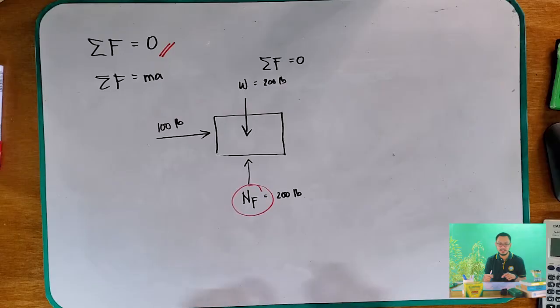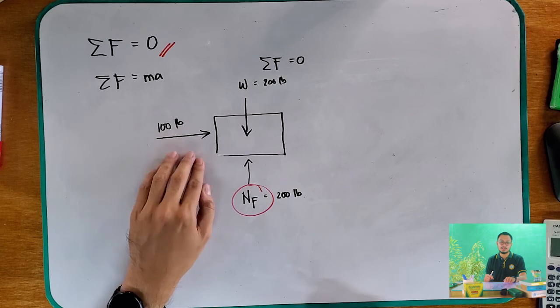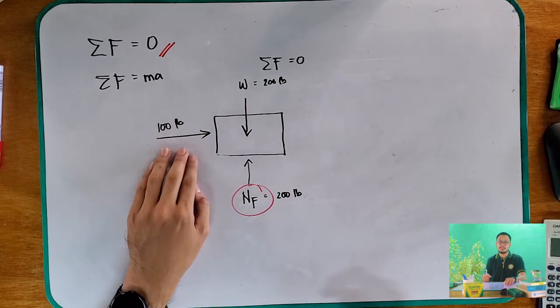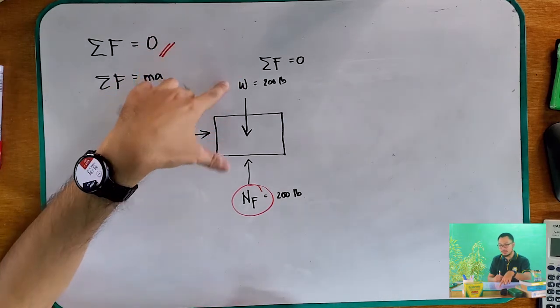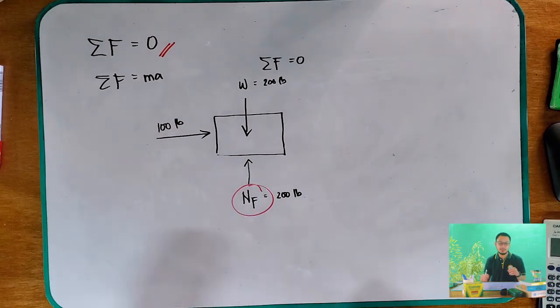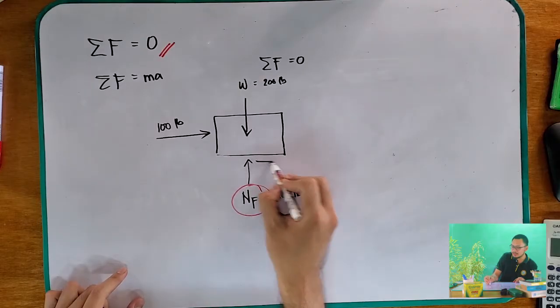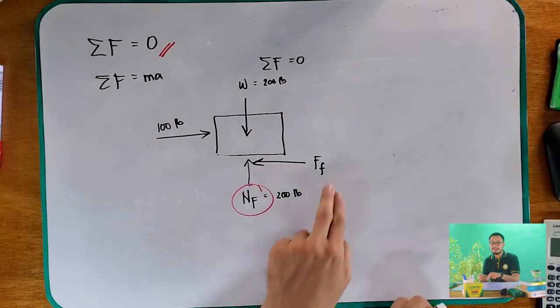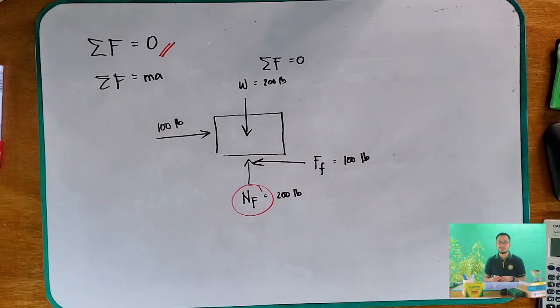But how about our 100 pounds here? Nothing exerts a force equal to this 100 pounds. Our W and normal force interact in the Y direction, but for our 100 pounds, nothing equates yet. What is it? Our frictional force. And this frictional force probably also exerts 100 pounds of force.